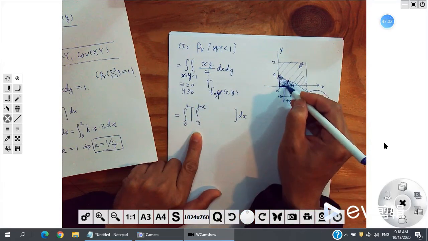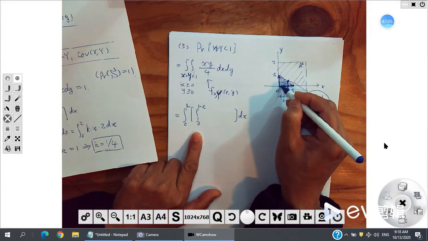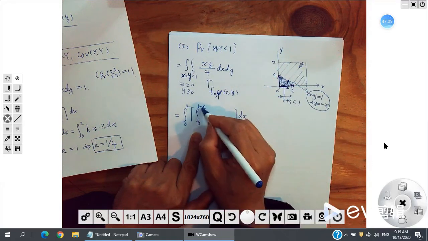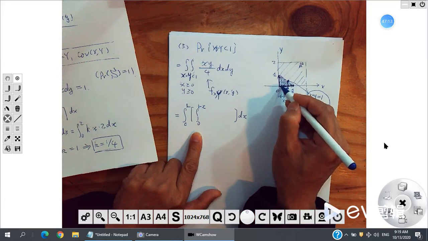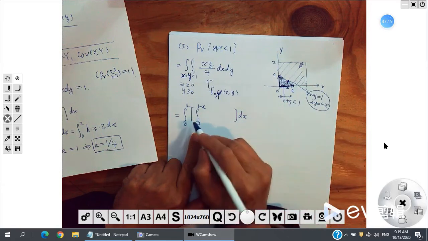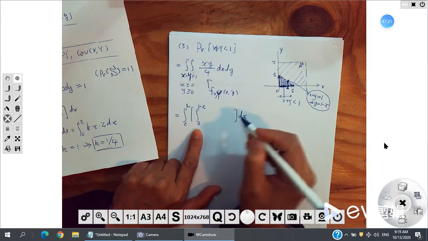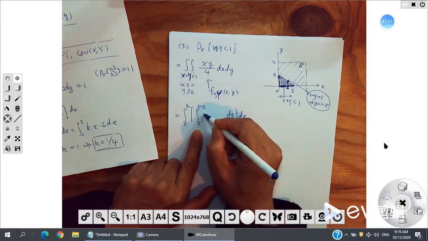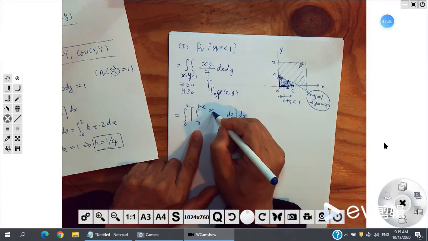When x is very close to 1, then 1 minus x is very close to 0, and when x is very close to 0, y is close to 1, right? So it's always like that. Okay, so this is for y, and then here you need to put that density over 4.